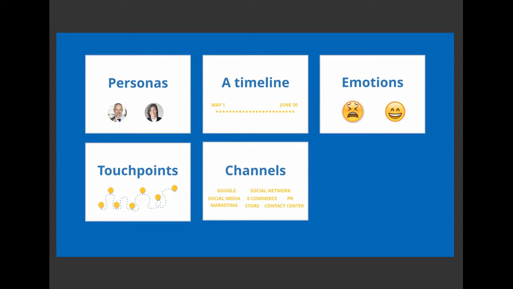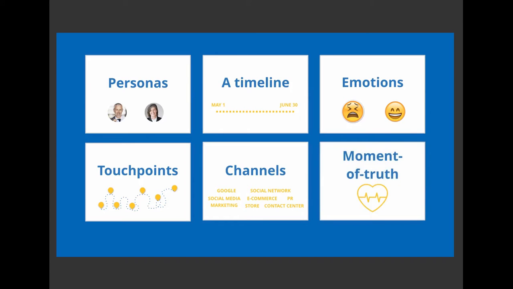And the persona is of course a semi-fictional person who represents a customer segment and illustrates the needs, goals and thoughts, feelings and opinions, and also the expectations and pain points of the user. So these personas do various trips, and we need to do one journey mapping for each persona, of course.